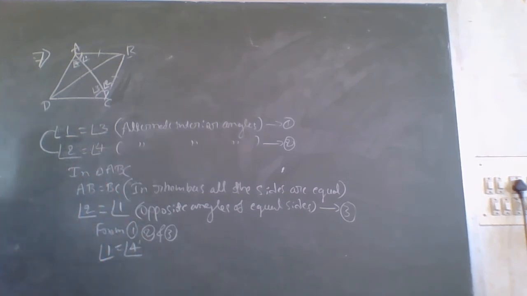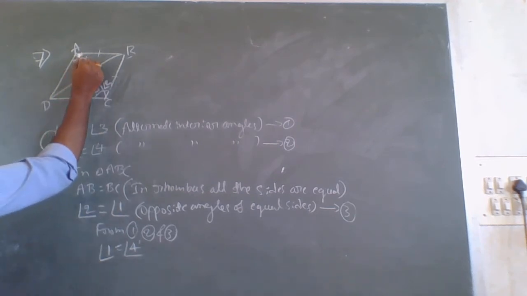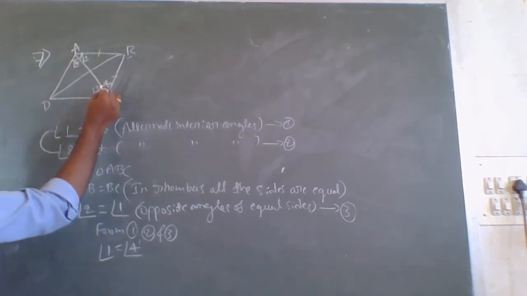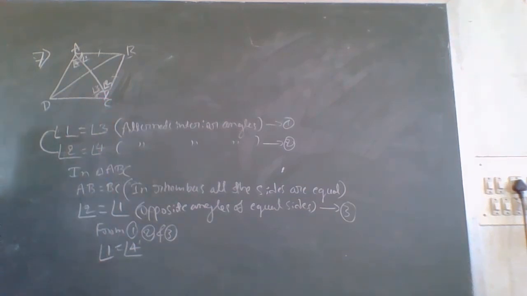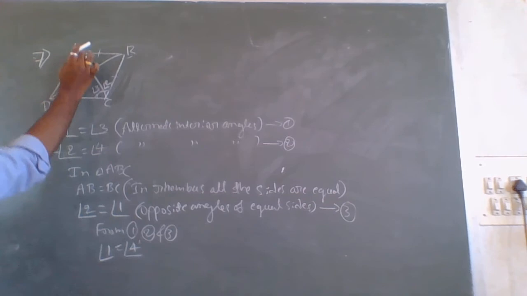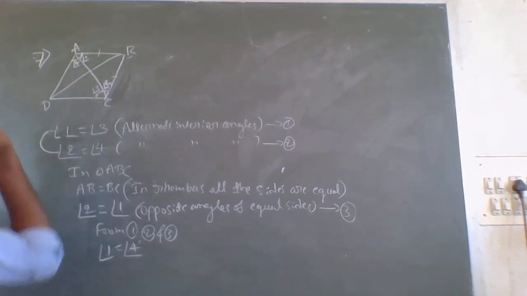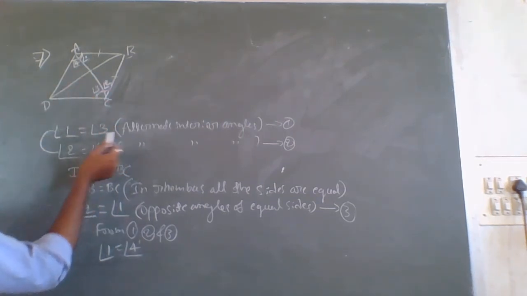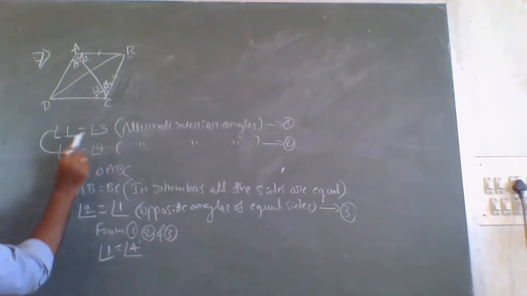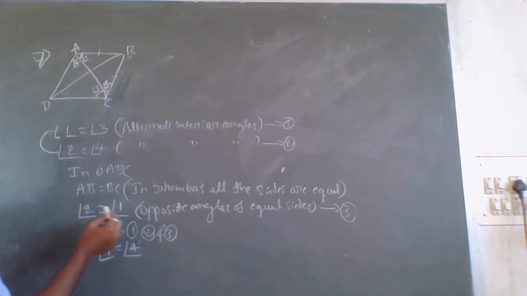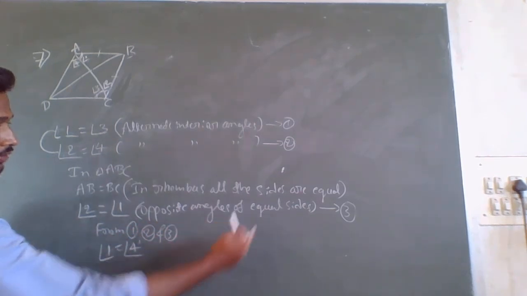Listen carefully. We have to prove angle 1 is equal to angle 4 and angle 2 is equal to angle 3, because we have to prove AC is bisecting these two angles. By alternate interior angles, 1 is equal to 3 and 2 is equal to 4, and angle 2 is equal to angle 1 by opposite angles of equal sides.